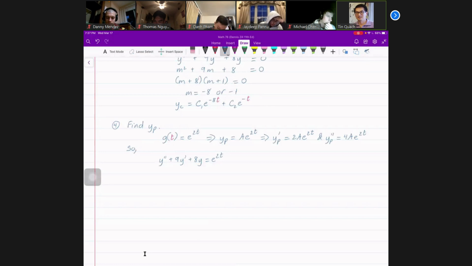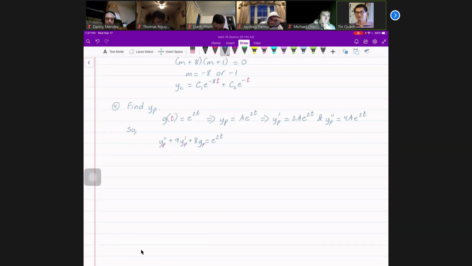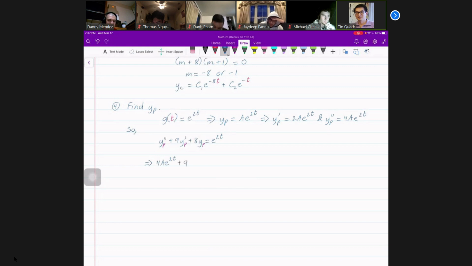So now y sub p should satisfy this condition. So now you're going to write y sub p should satisfy that equation. Okay, so you just make the substitution now. So y sub p double prime is 4a e to the 2t and plus 9.